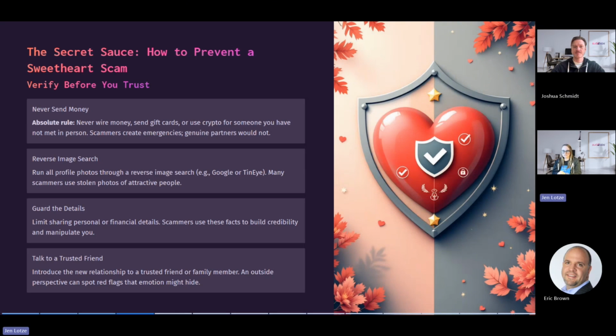But we encourage people to do a reverse image search, where you hold down on the picture and Google search it, and you'll see these might come up from stock images, or as someone else on Facebook or what have you. When I was in the school district, we used TinEye a lot. As threats would come in, we would reverse image search them to see if the picture is real or has been used before. So just keep that in mind.